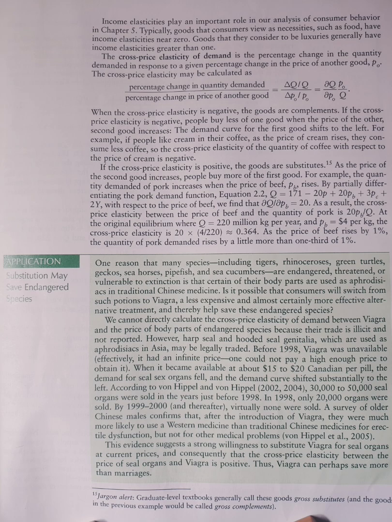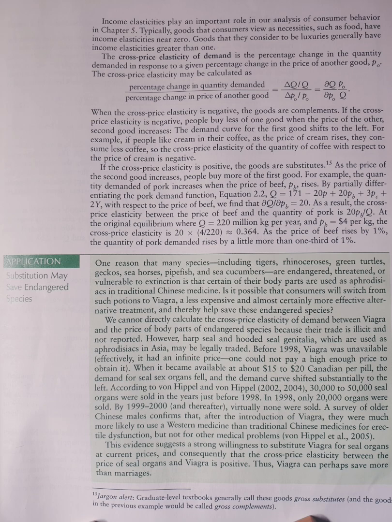Before 1998, Viagra was unavailable. Effectively, it had an infinite price. One could not pay a high enough price to obtain it. When it became available at about $15 to $20 Canadian per pill, the demand for sex organs fell, and the demand curve shifted substantially to the left.